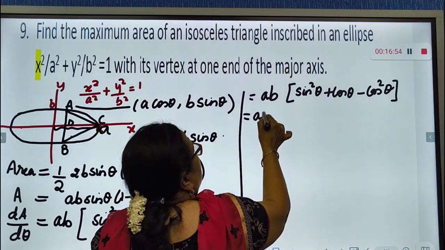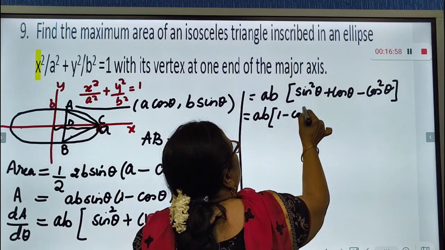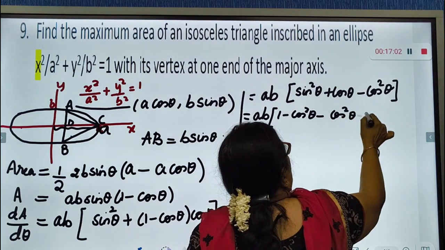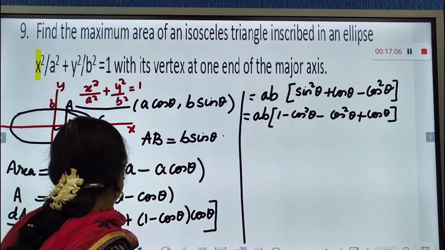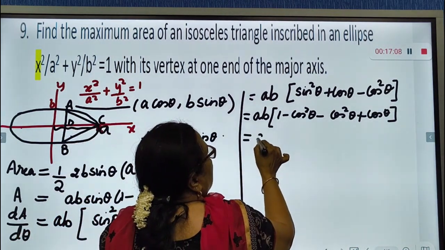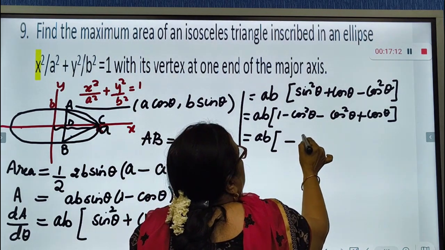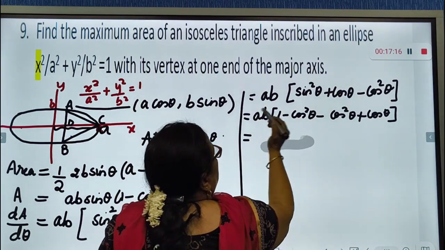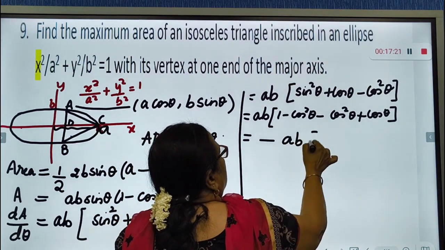This is AB into, I can write that as 1 minus cos square theta, this cos square theta is there, plus cos theta. I'll take minus AB outside.